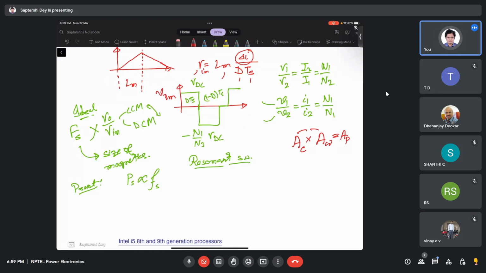If the designer wants that, whatever might happen, the converter will not go out of CCM, he can design the magnetics and the frequency of the converter in such a fashion that if the load is inside that given range, the converter will never go outside CCM. Now he will design the required AC for the maximum load and the required AW and everything.